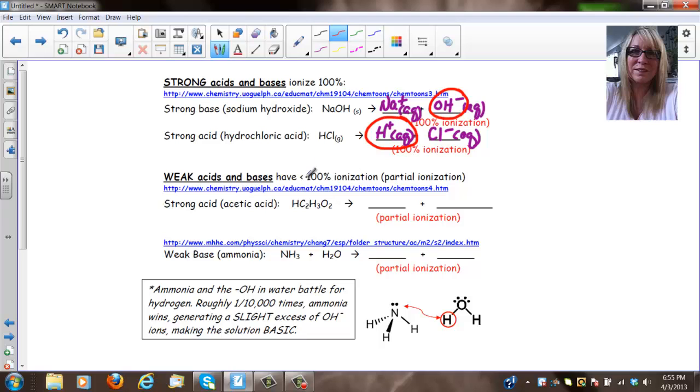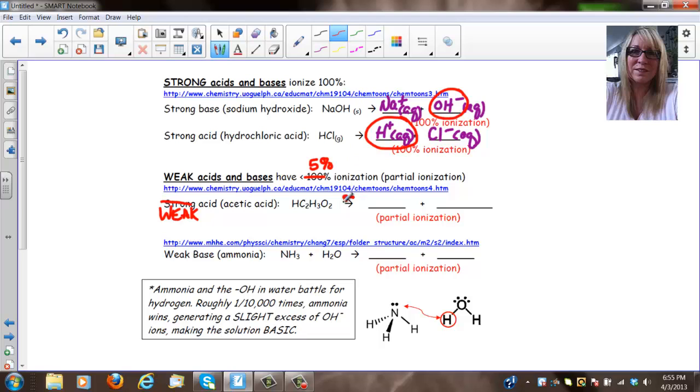This is incorrect information. Weak acids and bases have less than 5% ionization, partial ionization. And this should say a weak acid. Acetic acid, which is vinegar, actually is fairly weak in the realm of things. When it's a weak acid, we use a double arrow, okay?